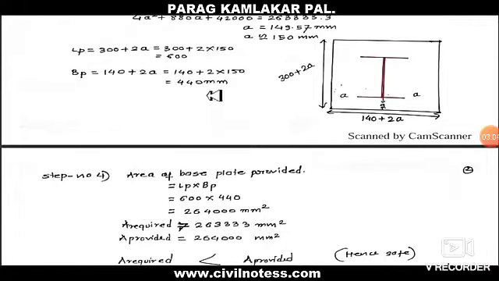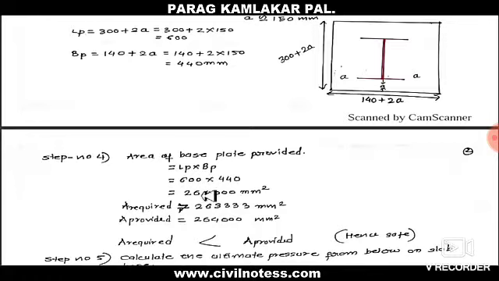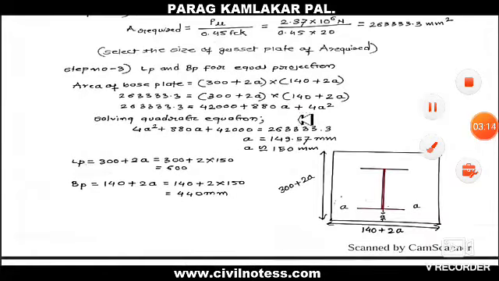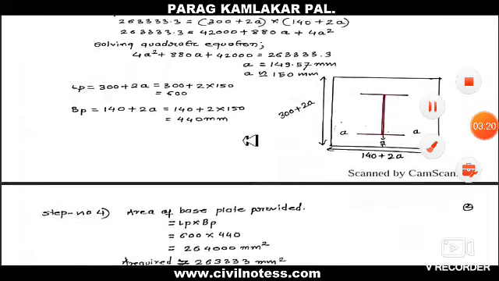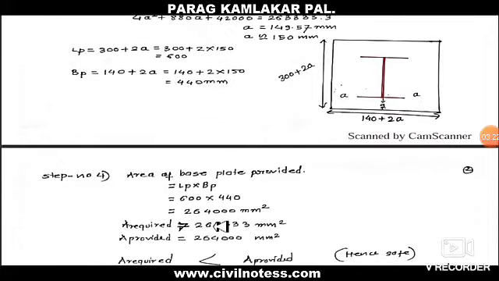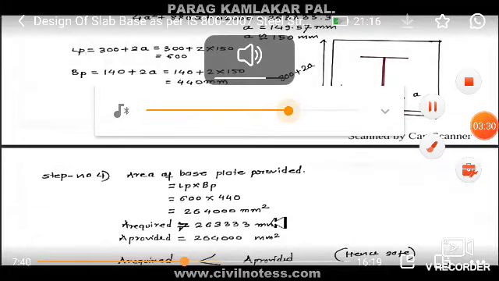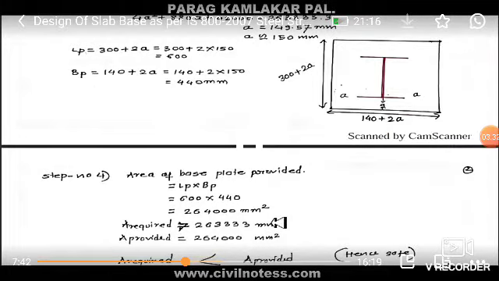The area of the base plate we provided is 440 by 600, so the area we got is 2,64,000 mm square. The area required is 2,63,333. The provided area is more than the required area, so we are safe in the design of the length and width.